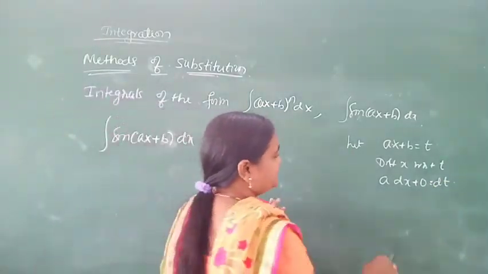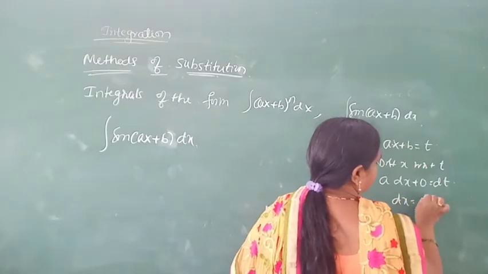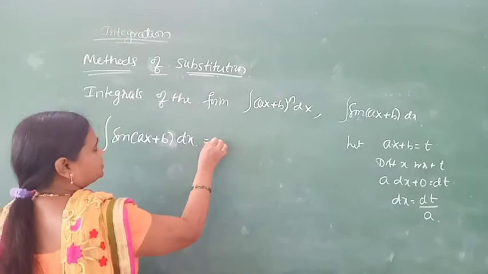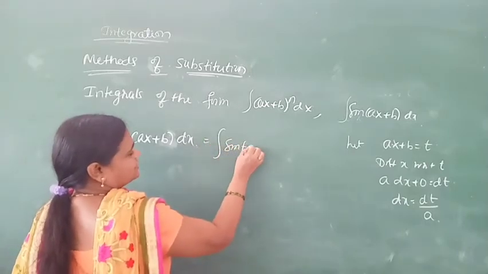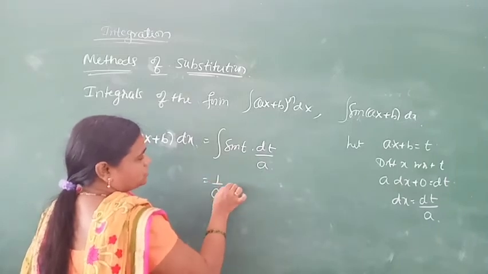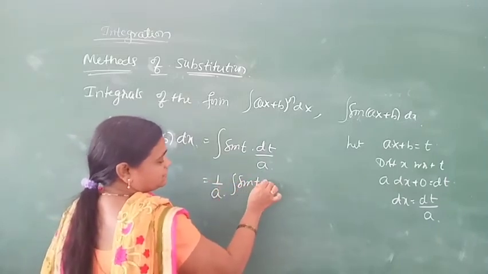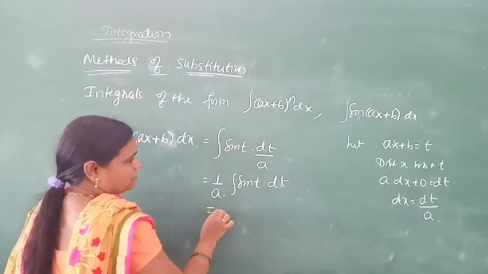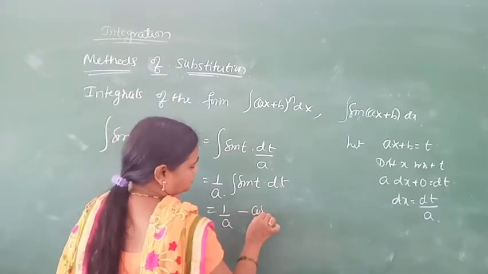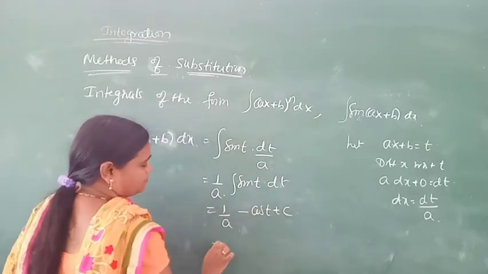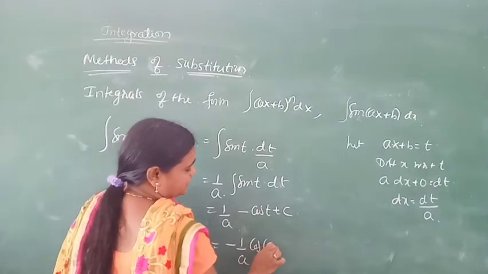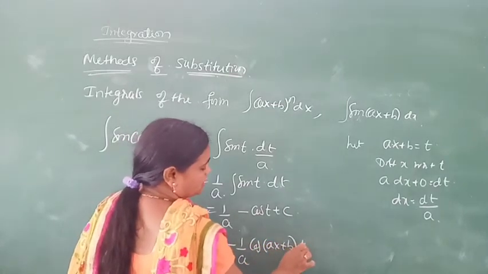Okay, then dx is what? dt by a. Substitute here: integration of sin t. dx is dt by a, and take 1 by a outside, integration of sin t dt. Sin t integration is what? Minus cos t. So minus 1 by a cos t, plus c. What is our t? t is ax plus b. Therefore, we got the answer.